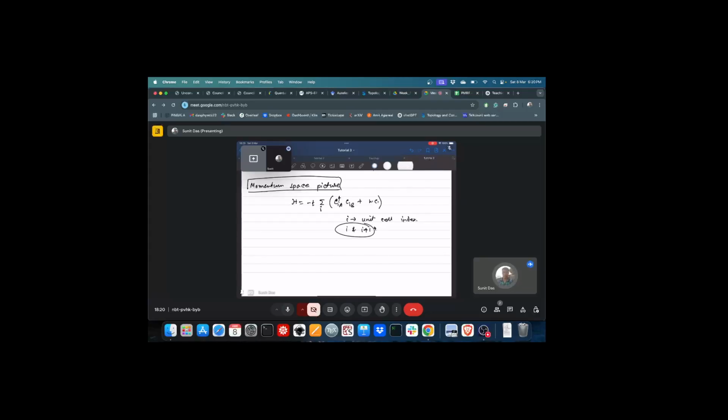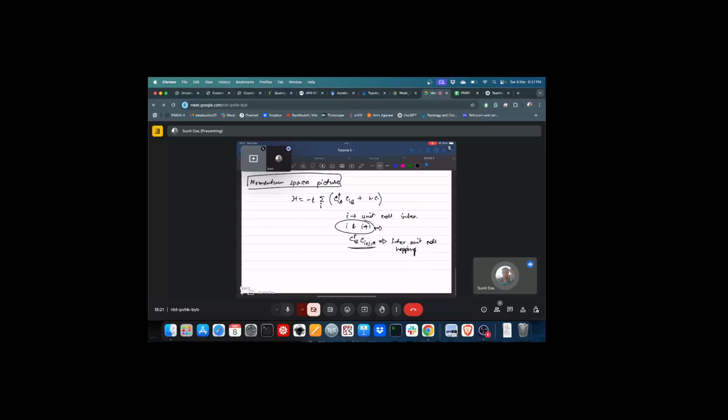If we consider only the nearest neighbor hopping, this kind of term, let's say c_iB dagger c_(i+1)A, you will get when there is inter unit cell hopping. But we are not considering that; we will consider that later.